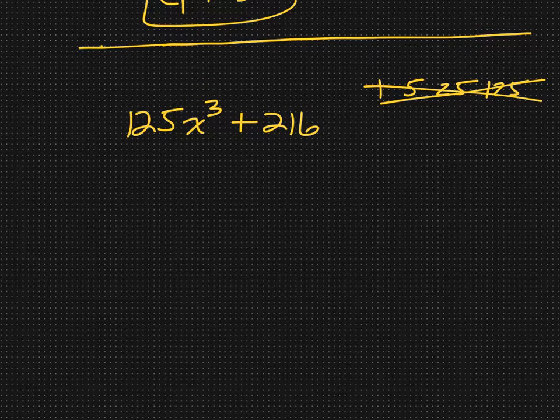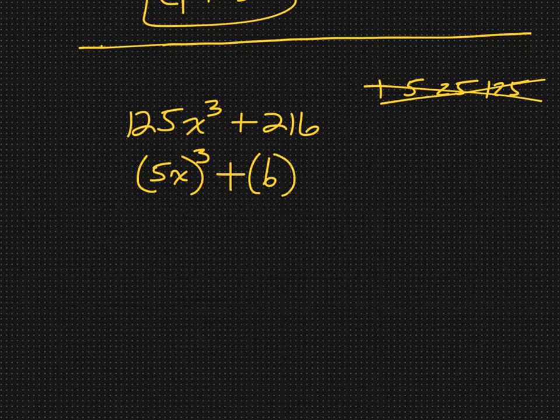And it is. 125 is the cube number for 5, and 216 is the cube number for 6. So if it's a cube problem, we've said more than once now that the first thing we want to do is write it as something cubed and something cubed. And the two things that we would cube here are 5x and 6.